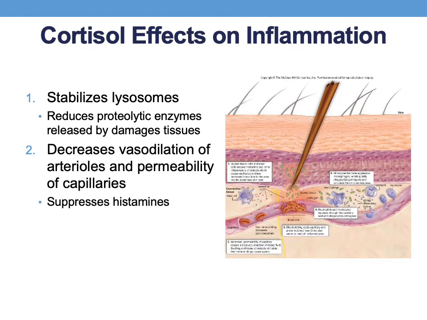When a tissue is damaged, its lysosomes can rupture, and lysosomes contain proteolytic enzymes. So it helps to reduce the release of proteolytic enzymes into surrounding tissues, because that can damage more tissues. It also decreases vasodilation of arterioles and permeability of capillaries. It does this by suppressing histamine.